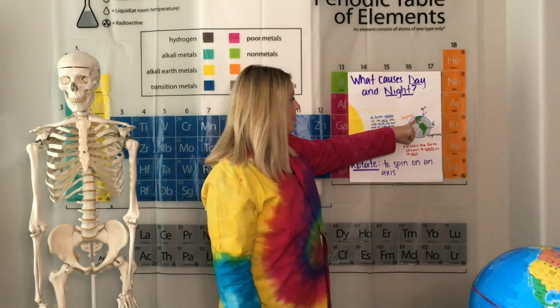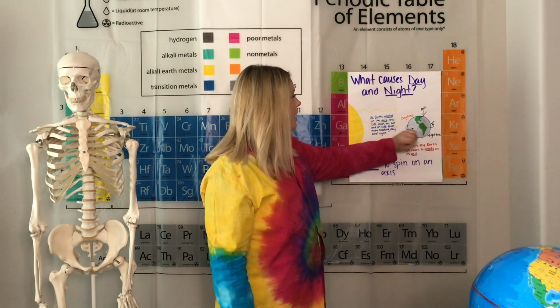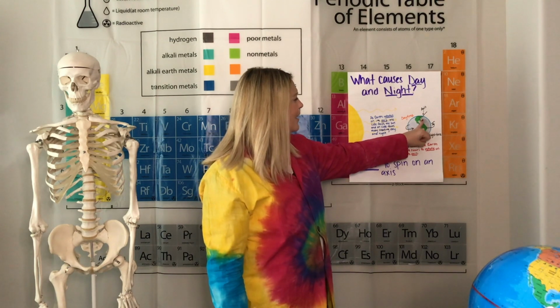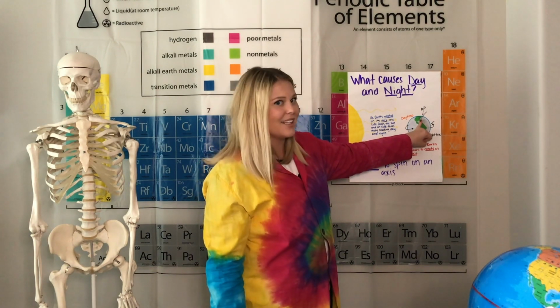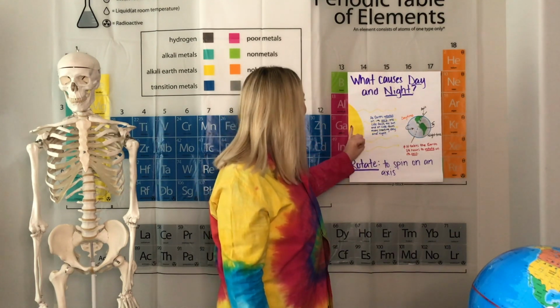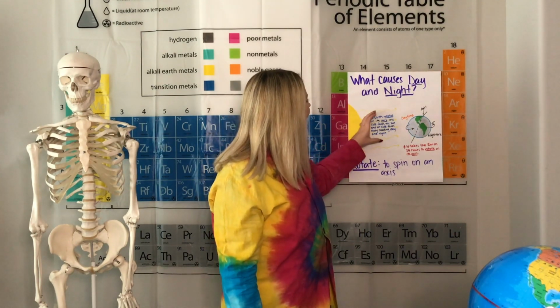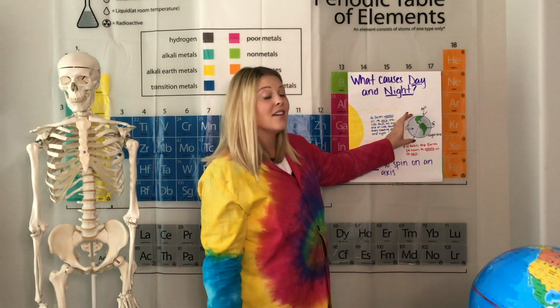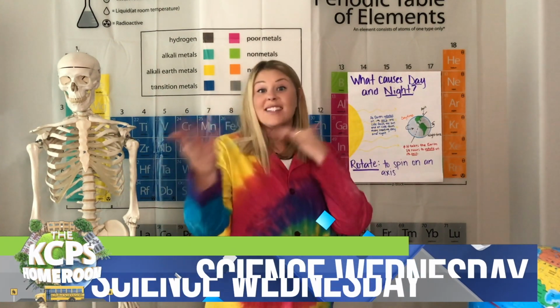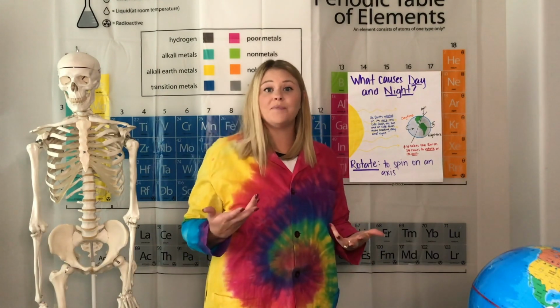Now for our point of reference, I went ahead and made this North America and South America. So you can see that right now, and this is actually starting to be nighttime, if you see a little bit of Florida and the East Coast, so this would be the evening for us, about sunset. The sun is shining on this half of the Earth, and when the sun is shining directly on half the Earth, that's daytime in that part of the world.